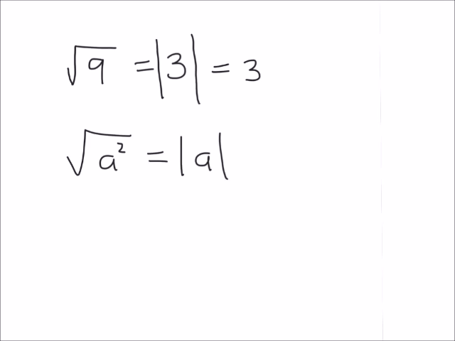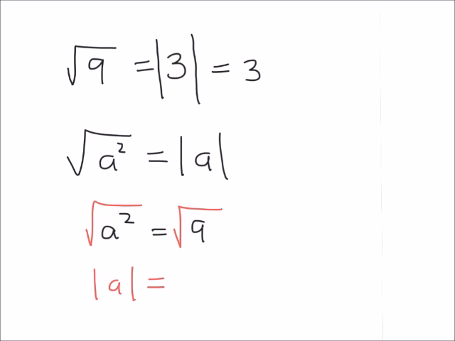In this case, we don't have an evaluated value. So let me give you an example. So here we have a squared equals 9. Well, if a squared equals 9, then in order to find out what a equals, we simply take the square root of both sides. Okay, so since we take the square root of a squared, the definition of that is that it will equal the absolute value of a.